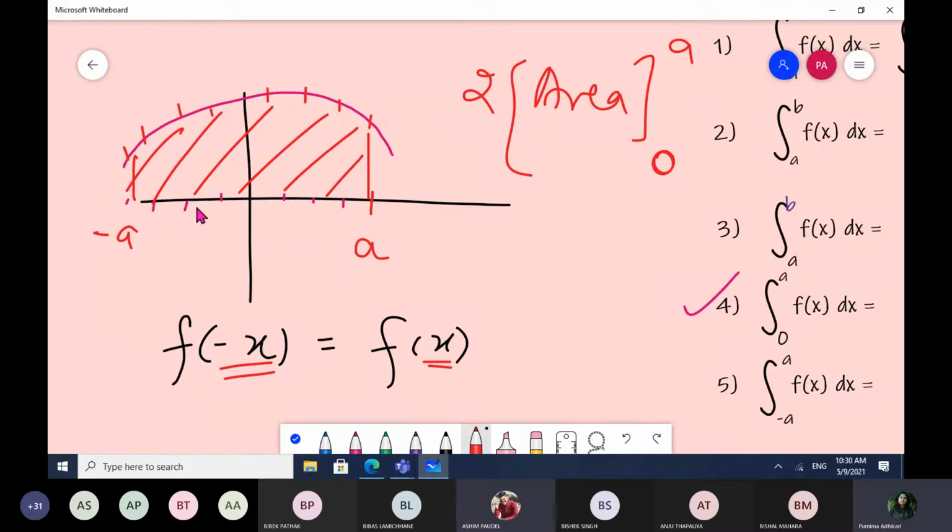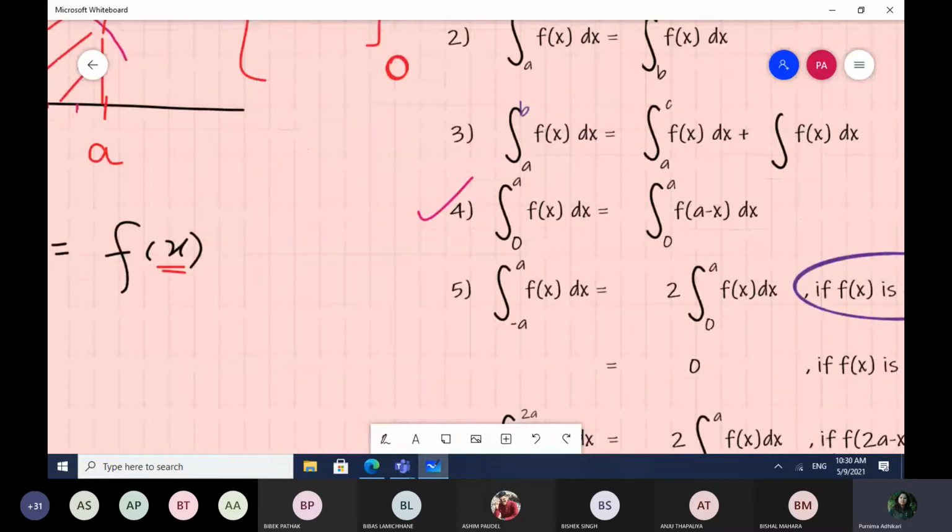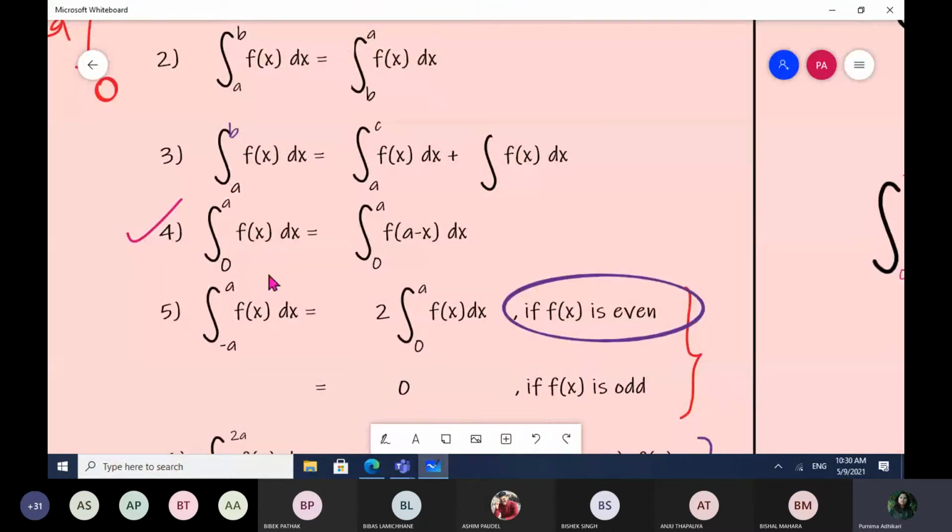That means the area from minus a to 0 and from 0 to a will be equal. So simply in place of the area from minus a to a, you can say 2 times the area from 0 to a. That's it. So you got the reason. That's what property number 5 says: the area from minus a to a will be equal to 2 times the area from 0 to a if your function is even. That's your first part.